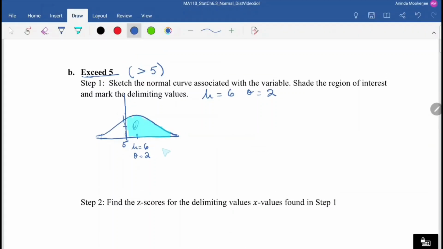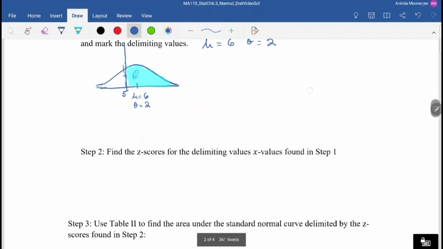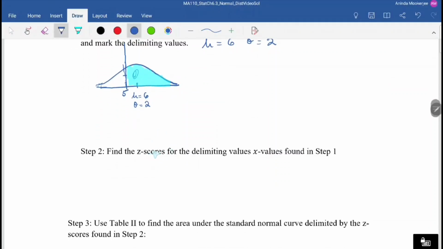Okay, so again, so far we just have actual values. Before we can go to the table to find the area, we have to find our z values, right? But this time only one z value corresponding to 5 is what we need to find. So the formula, always have the formula in front of you, all right? It makes things so much easier.